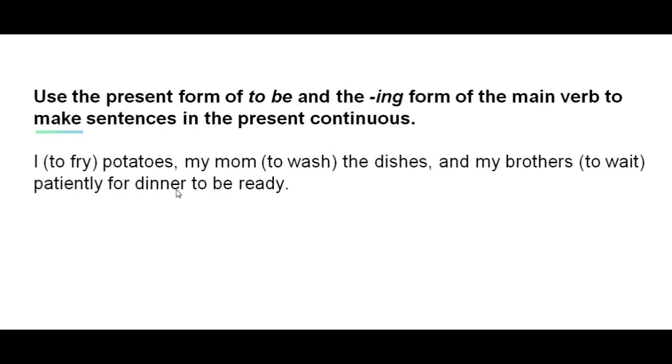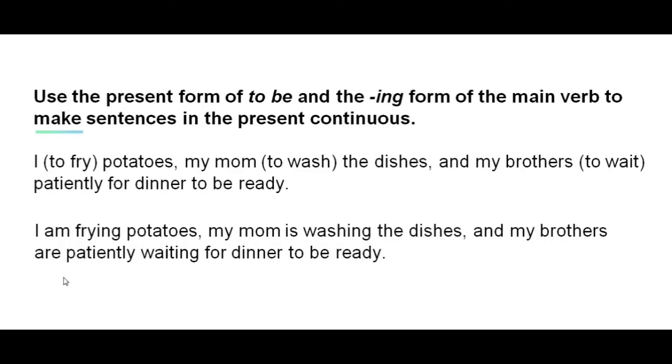I to fry potatoes, my mom to wash the dishes, and my brother to wait patiently for dinner to be ready. I am frying potatoes, my mom is washing the dishes, and my brothers are patiently waiting for dinner to be ready.